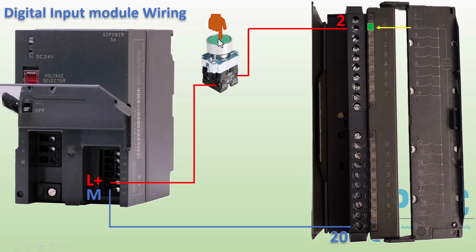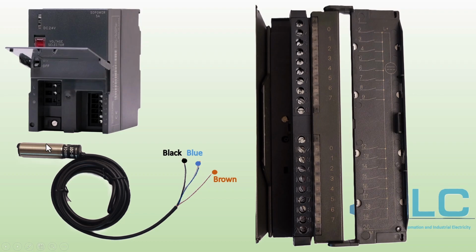One important piece of equipment used in industrial automation is sensors. All sensors follow a standard wiring rule. Now, let's wire a photosensor to a digital input module. A photosensor typically has 3 main wires with the following color codes. Brown wire connected to the positive L+ terminal of the power supply. Blue wire connected to the negative M terminal of the power supply.